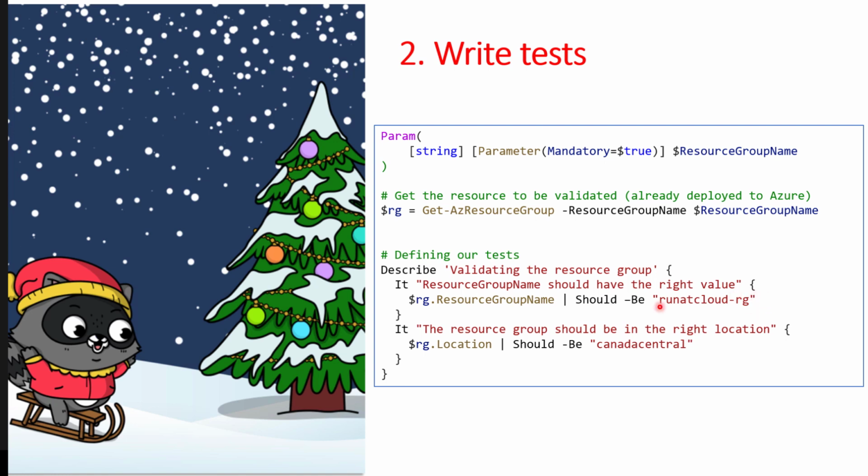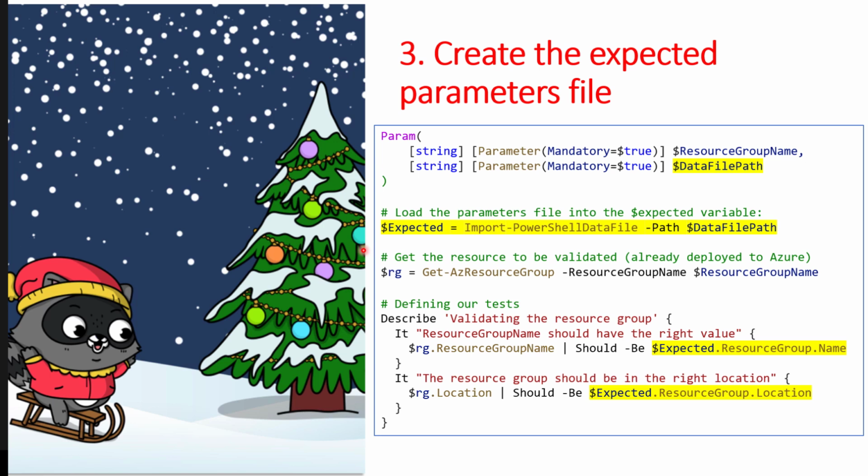What I want to do is to have only one version of that, but the values here should be coming from some parameter files. And that's exactly what step 3 is all about. So here we've added a second parameter, which is the path to that PowerShell data file containing the expected values of our environment to be tested.